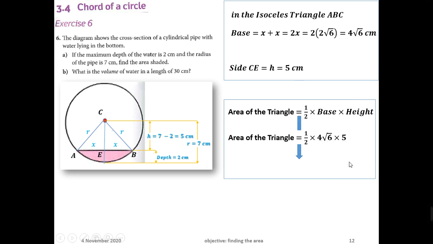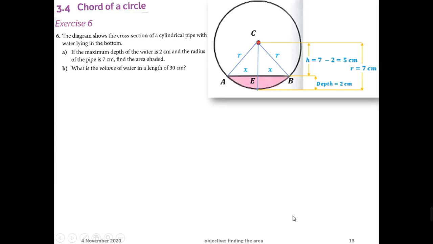This is ready to be inserted in the calculator, and if you do so, the area of triangle ABC is equal to 10 square root of 6 centimeter squared. Remember that the measurement unit of the area is centimeter squared, millimeter squared, and so on. Now, we found the area of the triangle.